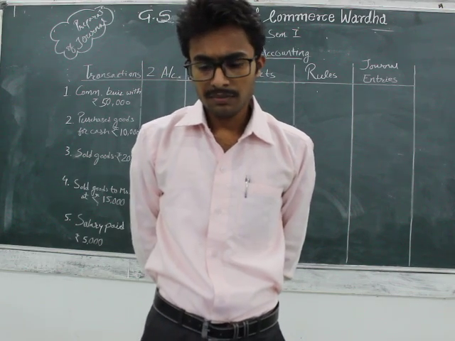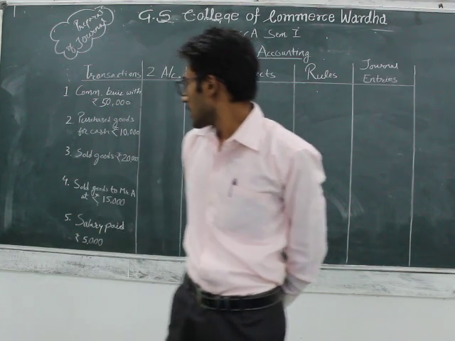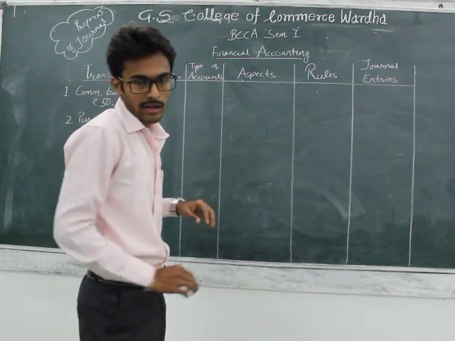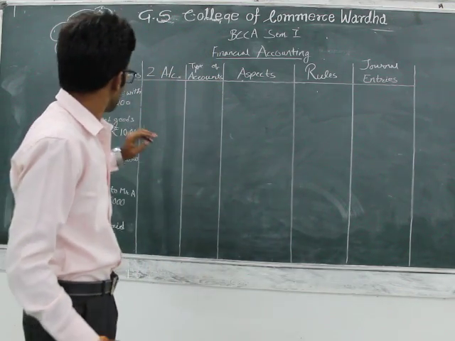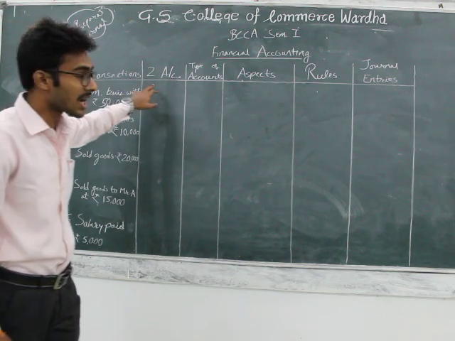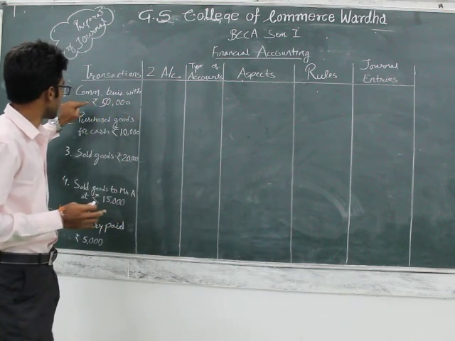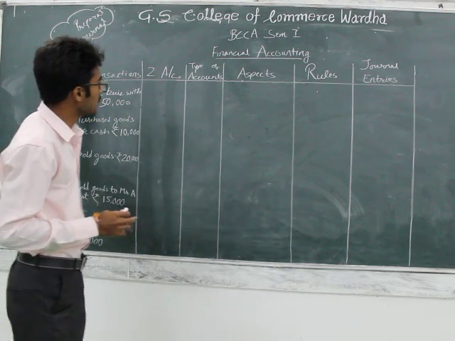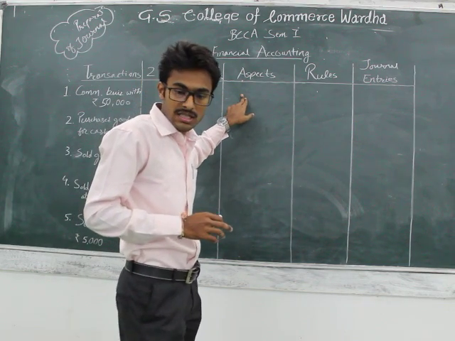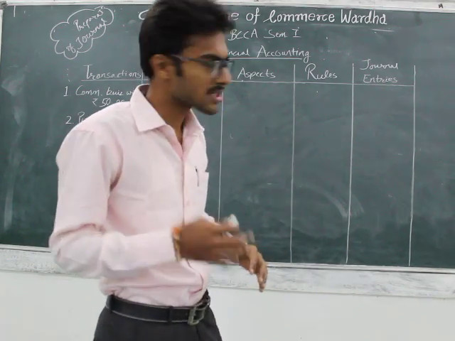Exactly like this case, we have some points on our board. There are 5 points we will discuss in detail. First we will analyze what the transaction is, what accounts are included in this transaction, what type of account each is, and what aspects are involved.